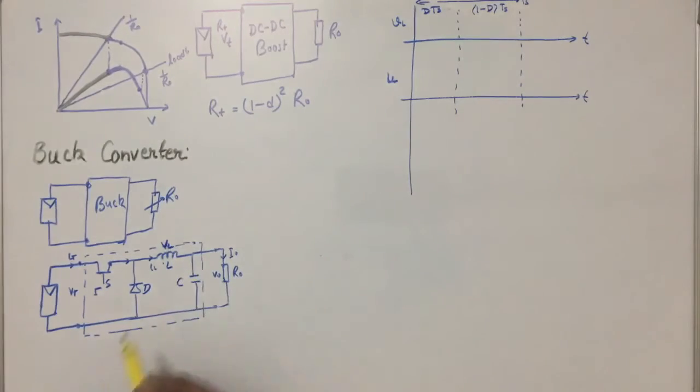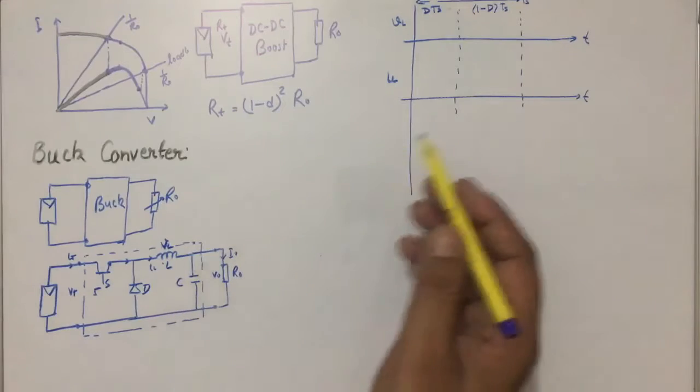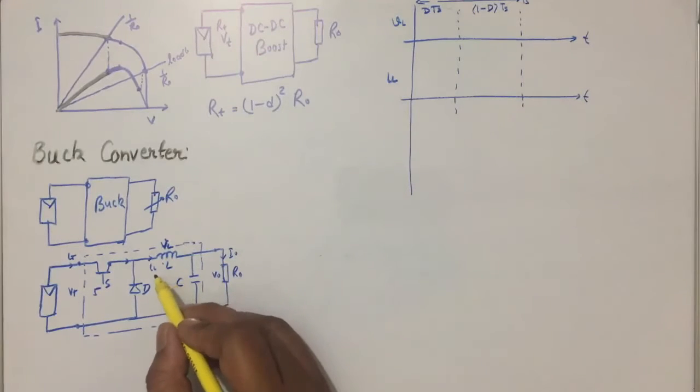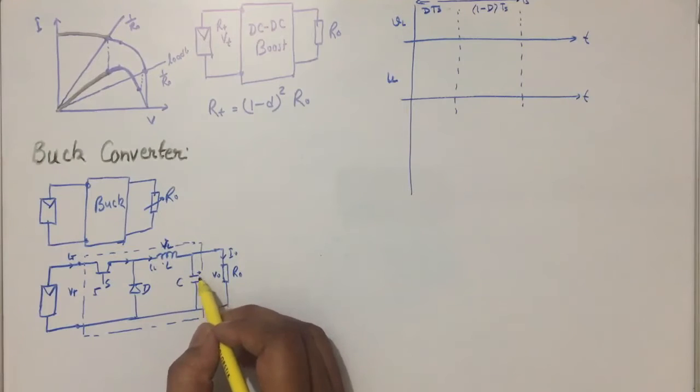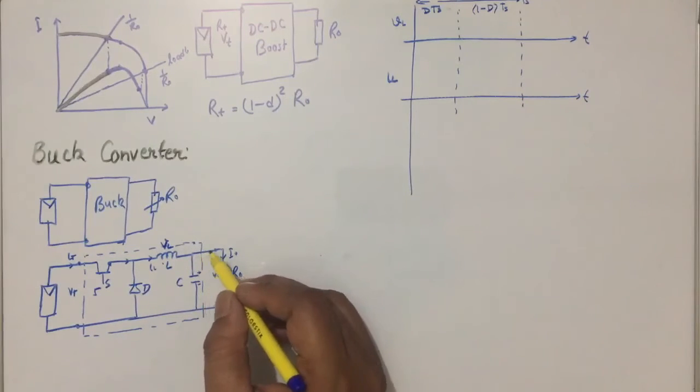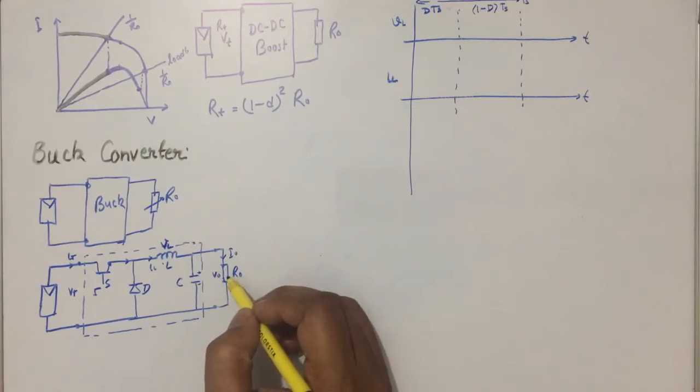This is VL that we wish to plot here. The current is passing from here. At this point it has two paths. Part of this current goes to the C to charge it, and part of it goes to the load R0.